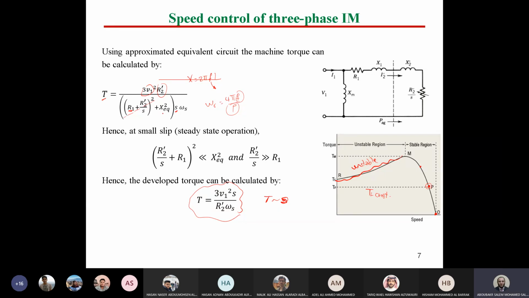So in this case, we can say 3V square R2 prime over X equivalent square omega S. Correct? This can represent the starting torque. So finally, you will find that T starting is proportional to R2 prime. So if you increase R2 prime, the value of T starting will increase.